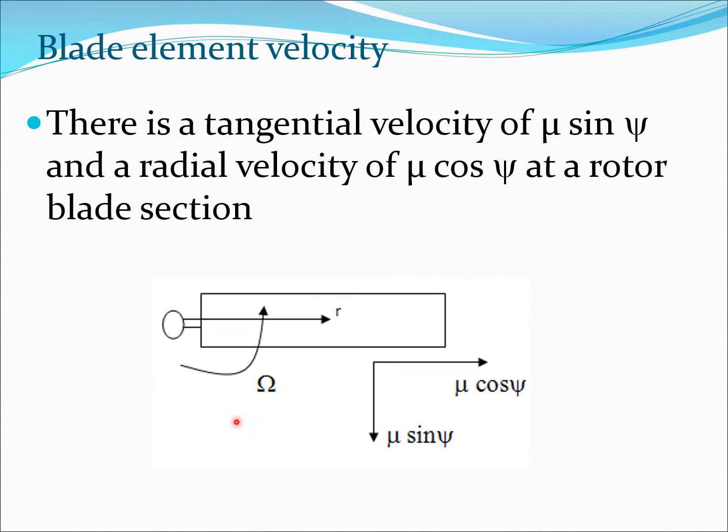So we can split this mu into two parts at a given blade section, that is going to be mu sine psi, which is the tangential velocity, and mu cosine psi, which is the radial velocity at a rotor blade section. And recall that this is at a section r on the blade at which you are currently located.